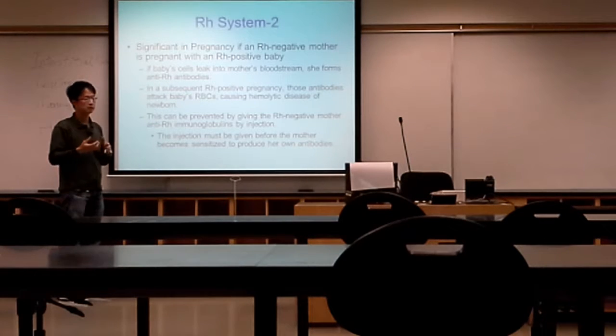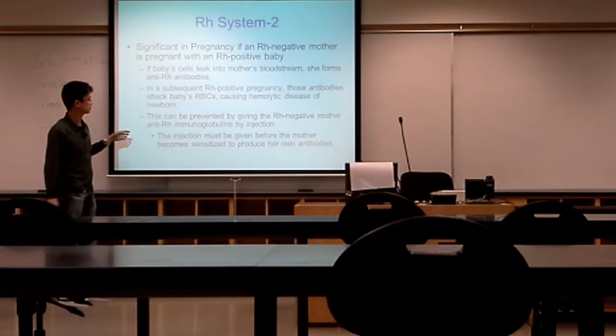The reason is that the mother is Rh negative, but the baby is Rh positive, so the mother does not recognize the baby's Rh positive blood. The mother considers it foreign, so she will start to make antibody to attack those Rh positive blood cells in her body.